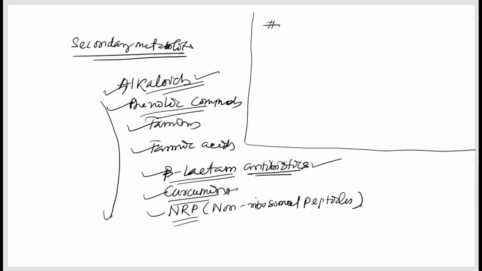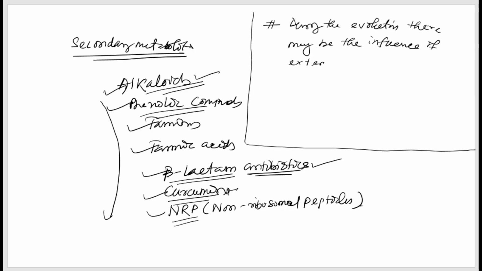One is maybe during evolution, the influence of the exterior environment forced the cell to persist inside that environment, and to persist in that environment, the cell needs to produce a different type of metabolite. This is maybe one reason.